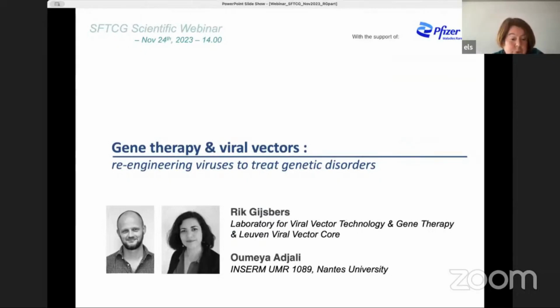These developments also include, for example, cell models and gene therapeutic approaches for rare genetic disorders, like STAT1 gain of function. In addition, he is responsible for the management and scientific innovation of the Leuven Viral Vector Core, a platform for target identification and validation to develop both cell and small animal models using different viral vector-based technology platforms. So please, Rik, you have the floor and you can start.